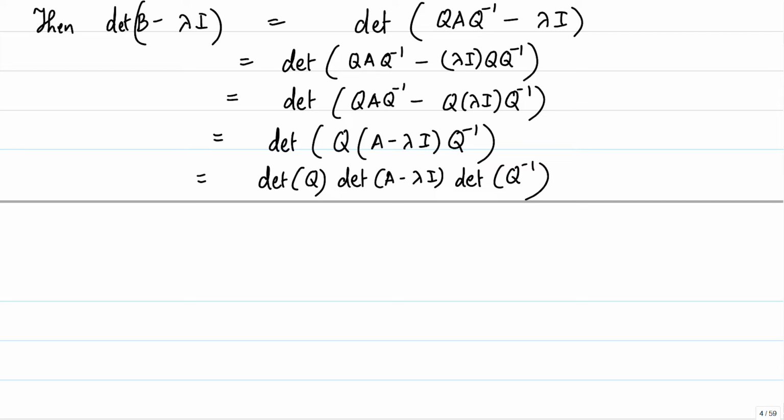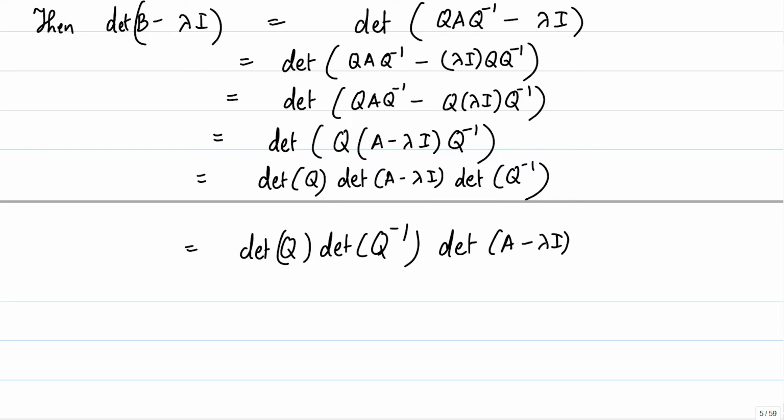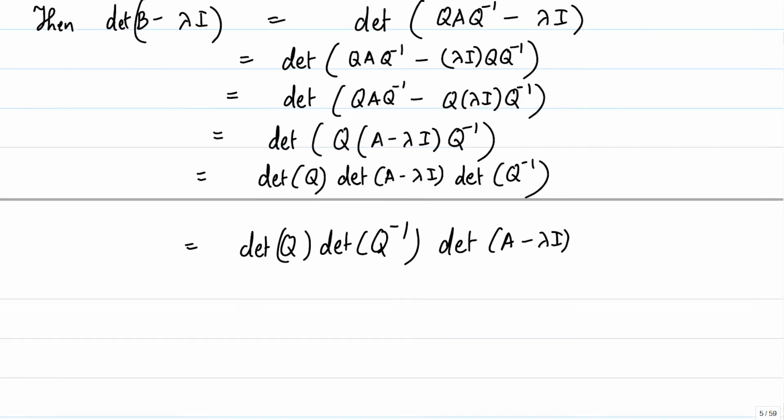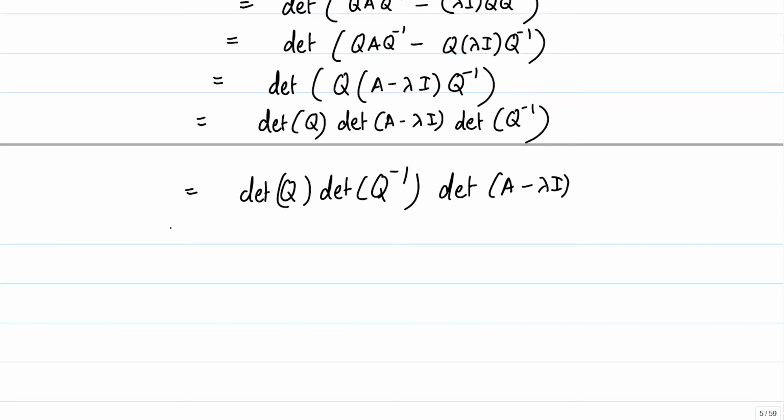But these are real numbers, so this is just the determinant of Q times the determinant of Q inverse times the determinant of A minus lambda I. And this is the product of all these terms, the determinant of Q Q inverse, which is 1, times A minus lambda I, which is the same as the determinant of A minus lambda I.